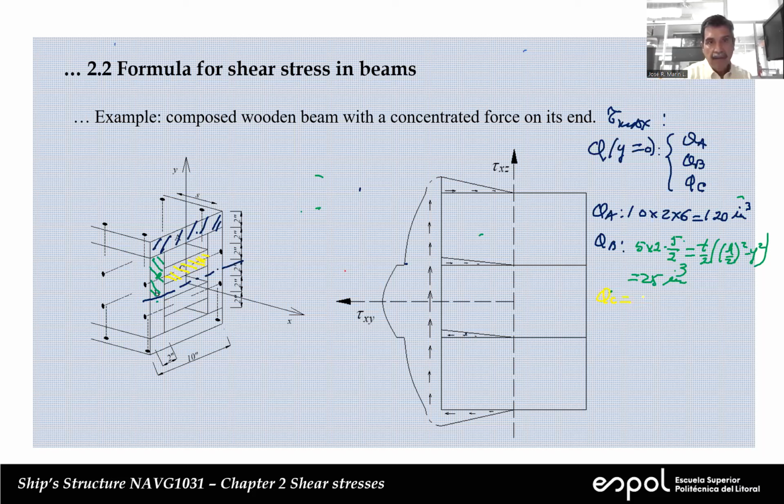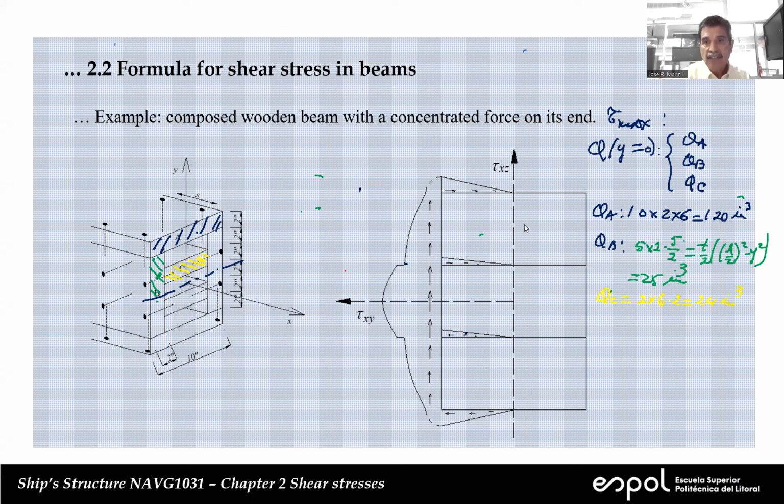The area, how much is the area? 2 times 6, that's the area. And then we need an h, from here to here. 2. Yes, okay, so that's 2 times 6 times 2, which is 24.